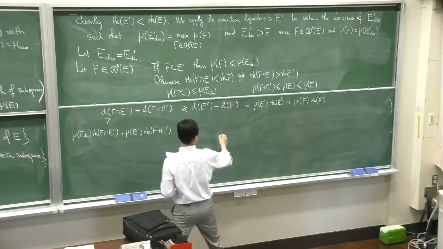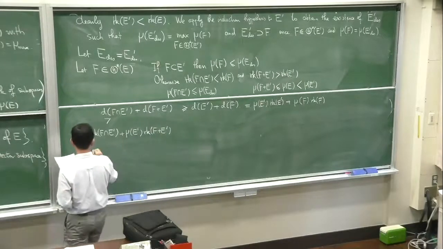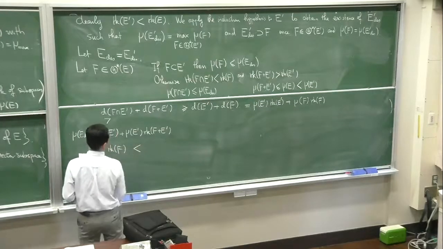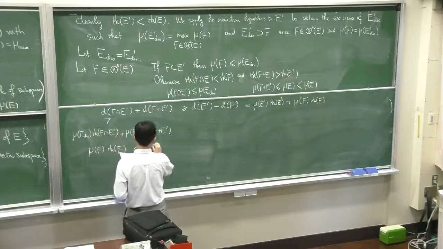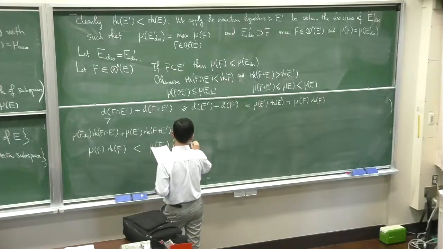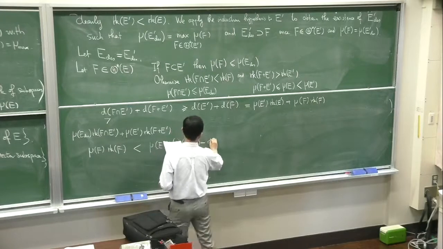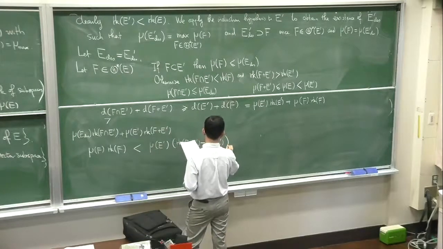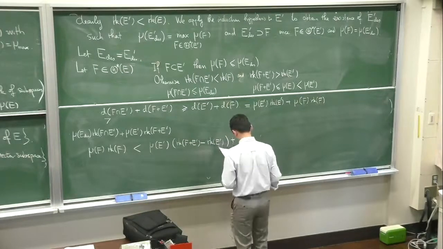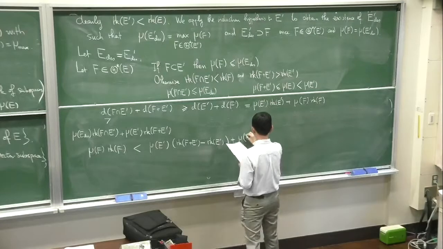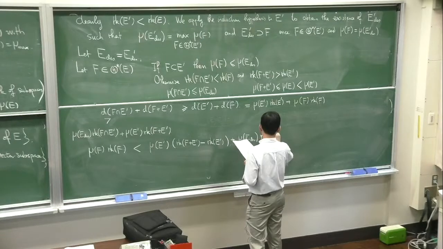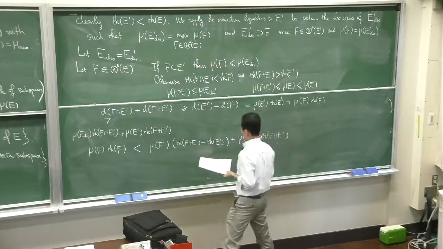So now this tells you that mu of f times the rank of f is bounded from above by mu of E prime times the rank of f plus E prime minus the rank of E prime, plus mu of E ds times the rank of f intersection with E prime.